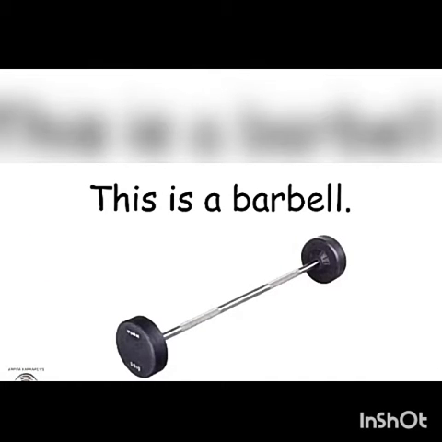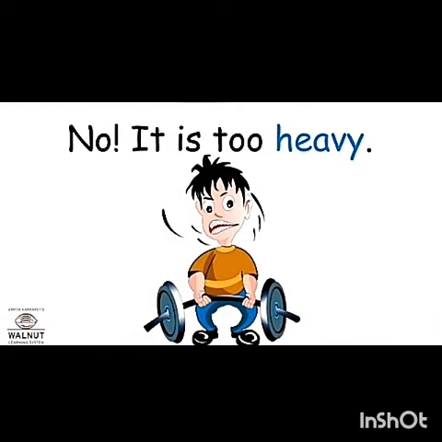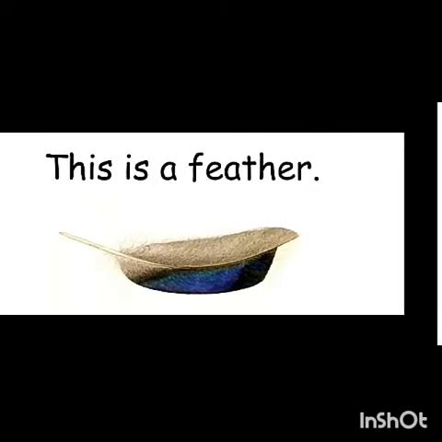This is a barbell. Can Ram lift the barbell? We'll see whether Ram is able to lift the barbell or not. No, it is too heavy. The barbell is very heavy in weight, so Ram cannot lift it.